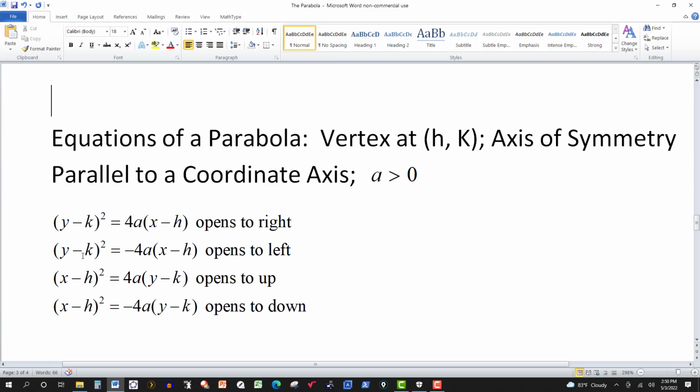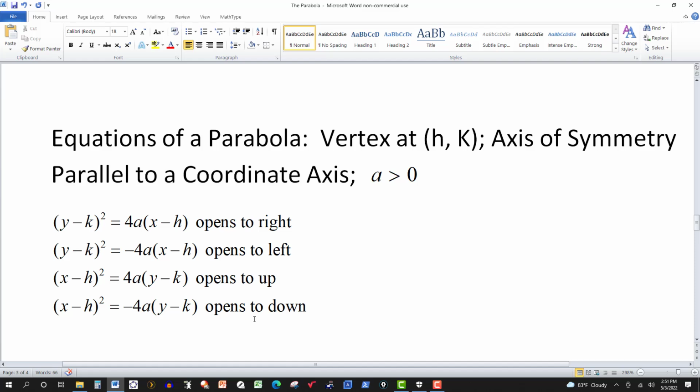The second one, again vertex at 0, would just be y squared equal to minus 4ax. This would open to the left. And then the next one, again vertex at 0, would become x squared equal to 4ay, and this would open up. And this last one here, with vertex at (0, 0), would be x squared equal to minus 4ay, and this would open down.